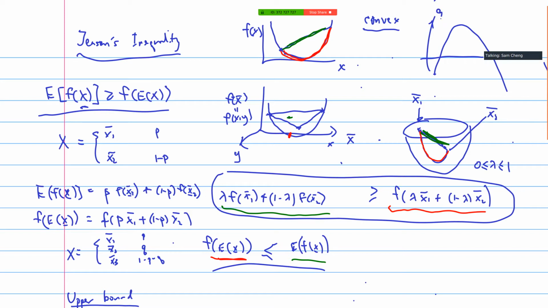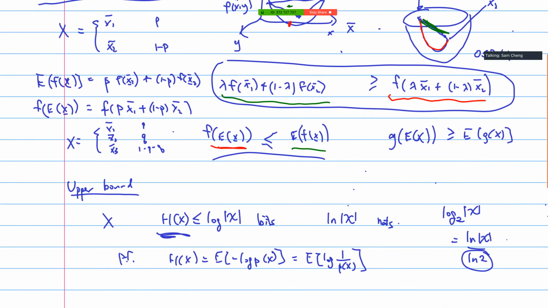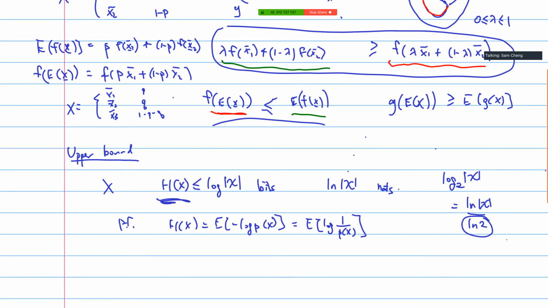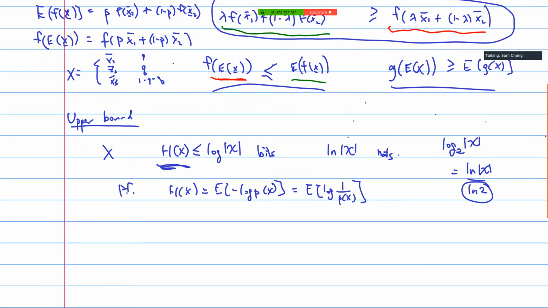This is a concave g. Apparently we have g of the expectation of x, using the same argument with everything opposite, will be bigger than or equal to the expectation of g(x). So we have both forms here.